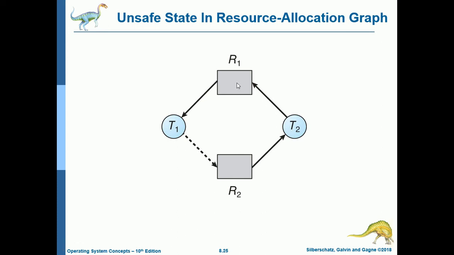And then no preemption, of course, they will not release the resources held if they are not finished with their execution. And we have the circular wait because T sub 1 needs a resource that is held by T sub 2, and vice versa, T sub 2 needs a resource that is held by T sub 1. So this is already unsafe because once again, if this becomes a request edge, then it is already a deadlock. A deadlock exists.